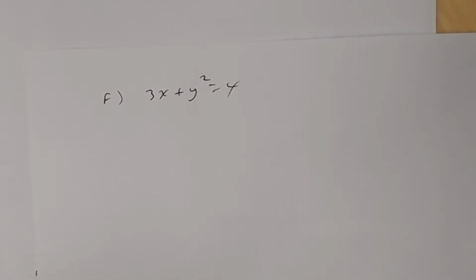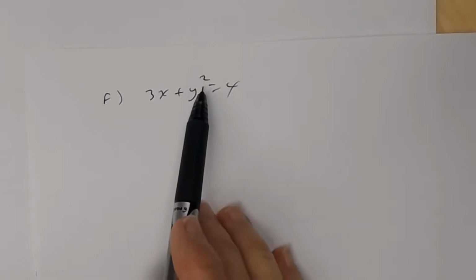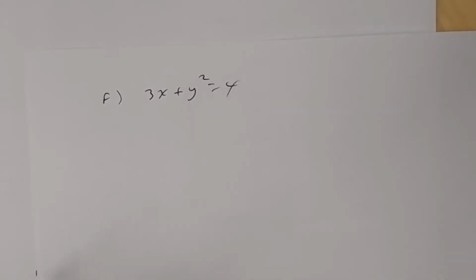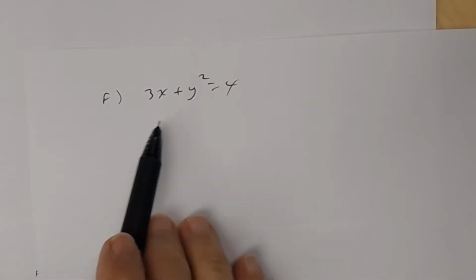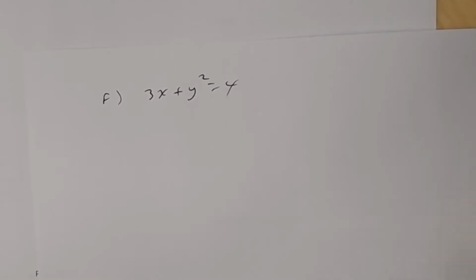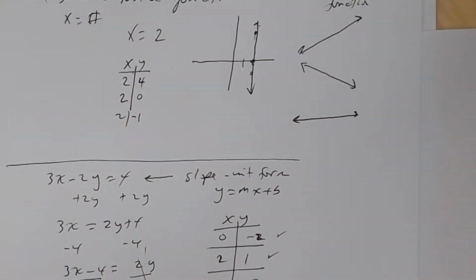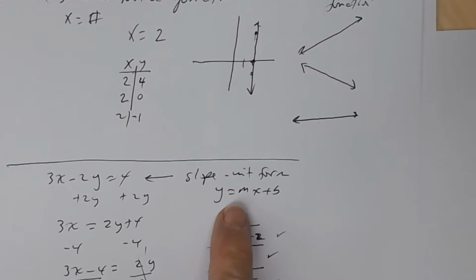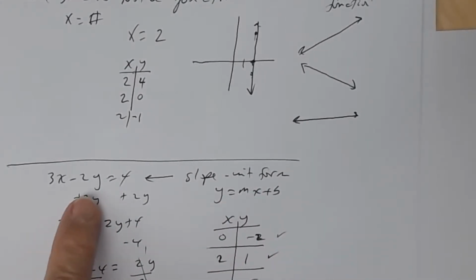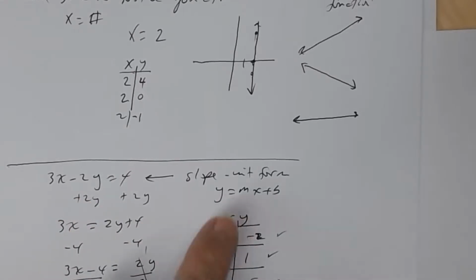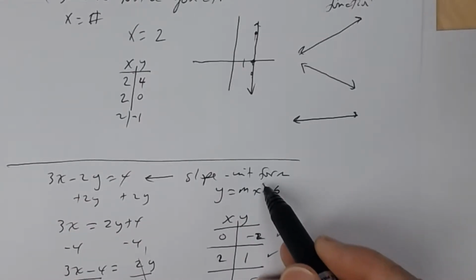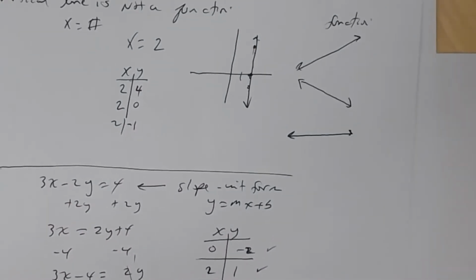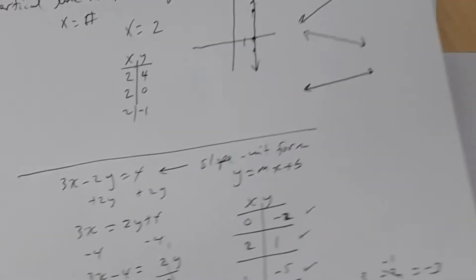So what you may want to do is first of all get y by itself. Now this is not linear, so don't think that I'm putting this in slope-intercept form. When you get y by itself in slope-intercept form, y equals mx plus b, that means it's linear. Remember, x is being raised to the first power, and y is being raised to the first power, so that makes it linear.